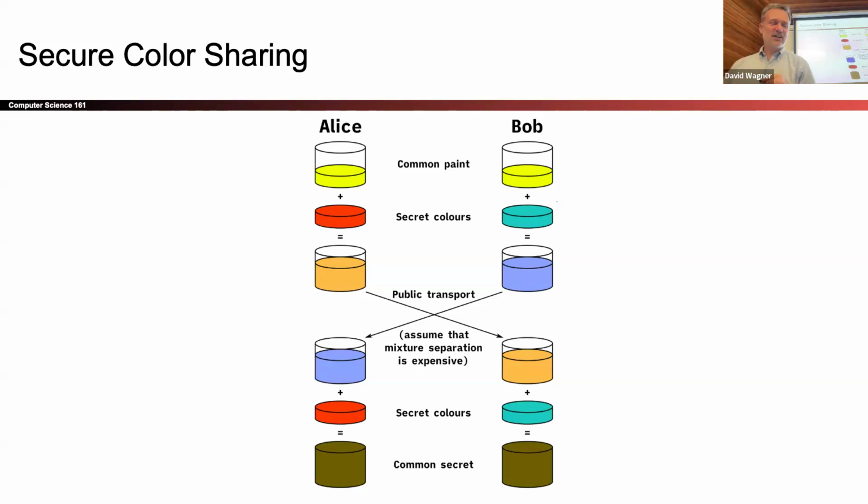So I want you to imagine that Alice and Bob are trying to come up with a secret color that is known to both Alice and Bob. And they're going to be sending paint cans to each other.